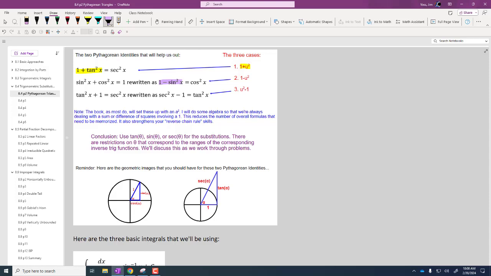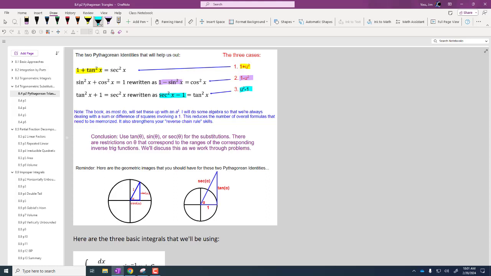So if we had a 1 minus u squared, and I told you that the u was sine, then you would say, oh, we have 1 minus sine squared, which can be collapsed into cosine squared. So again, taking two terms and smushing them into one. And the last one, if we take the tan and the secant identity and rewrite it this way, now we have a difference of squares with a trailing 1.